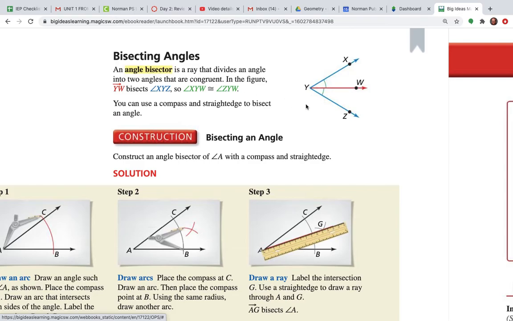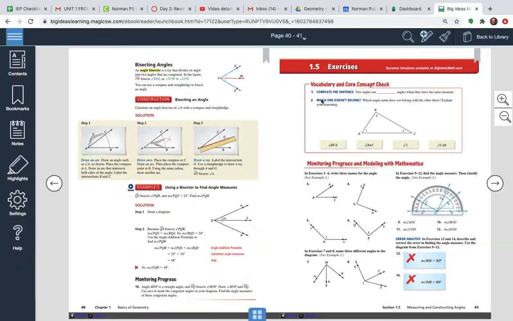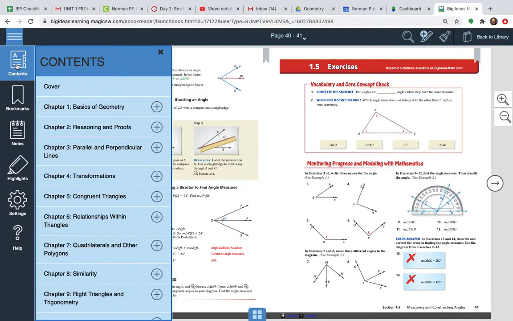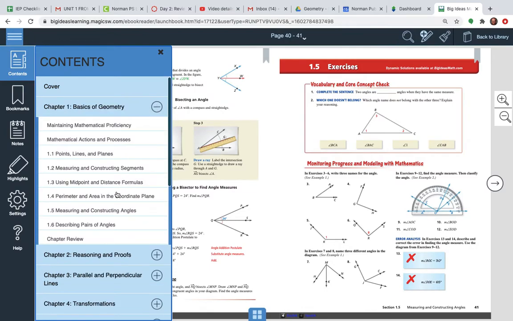So an angle bisector, if you've got X, Y, Z as one angle, the angle bisector cuts it exactly in half. Now this green mark and this green mark means that this one is the same as this one. That's a congruency mark. So that's really important to note. And that's 1.5. So let's go ahead and go to 1.6 really quick, talk about that.